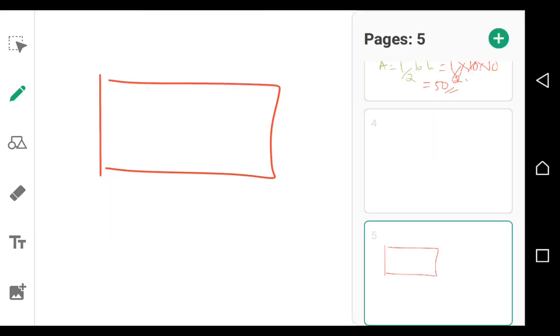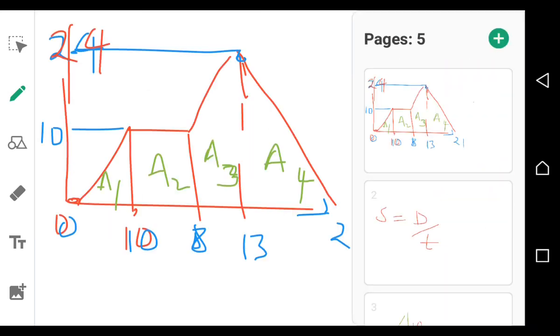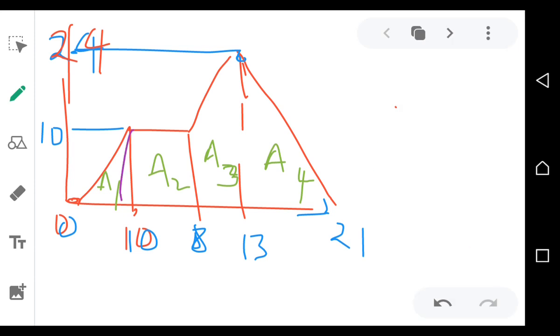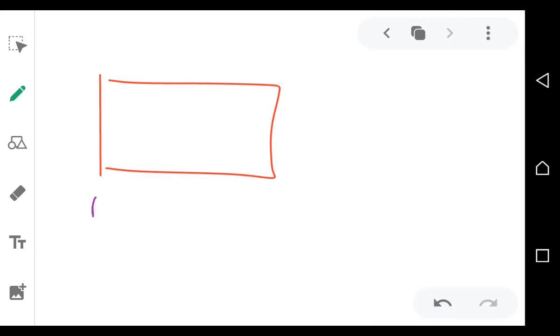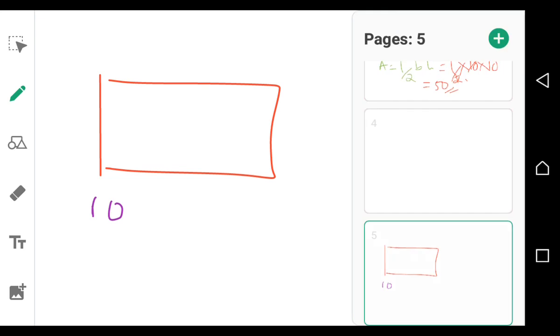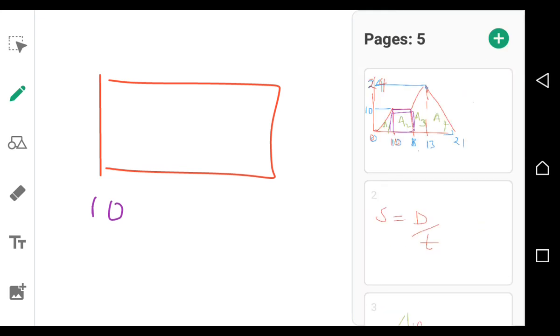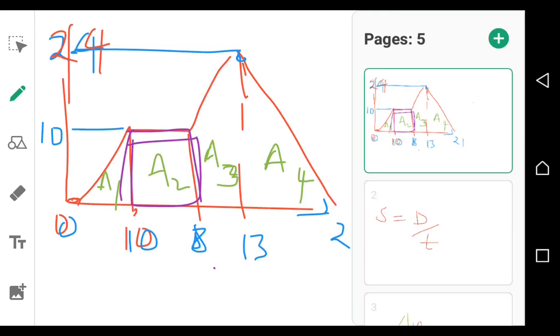Let's go back to the second area. The second area is this diagram here, this box here. Okay, so here it's 10, 8. So this box is 10, 8. Are you correct?